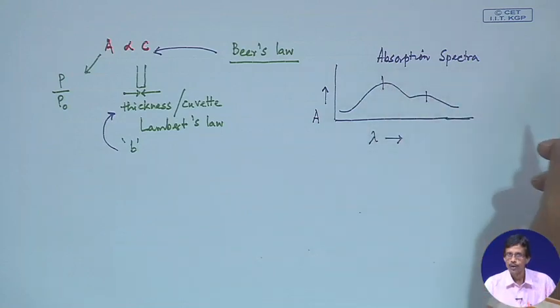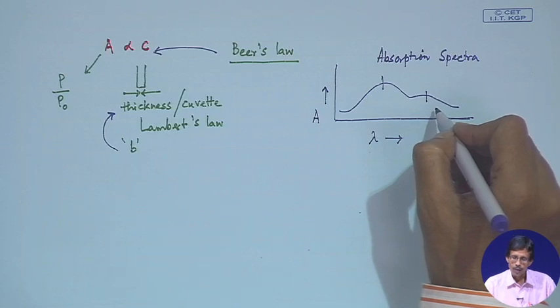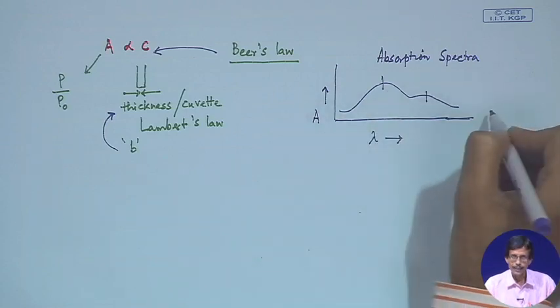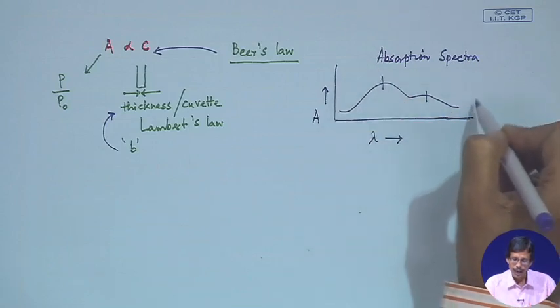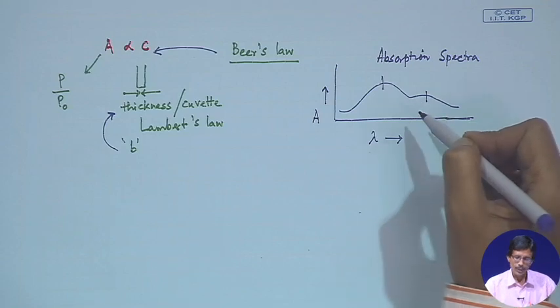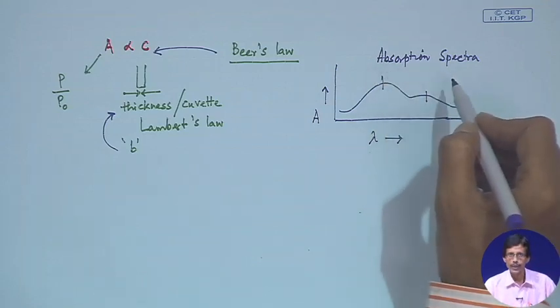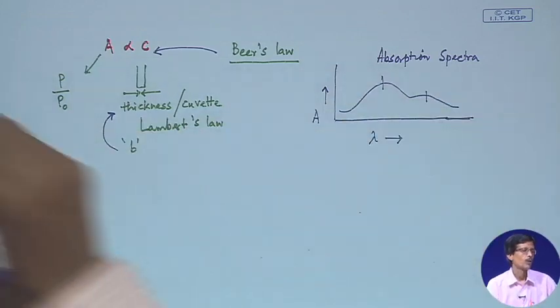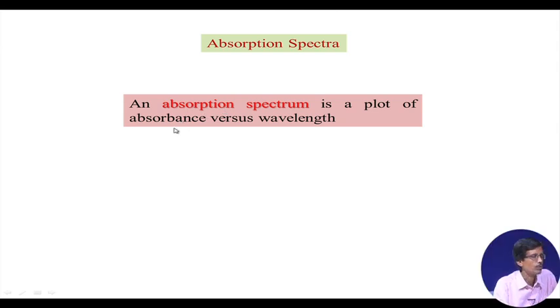These are two absorptions at two different lambda values, lambda 1 and lambda 2, one in the lower range and another in the high range. So, you can have a typical absorption spectra for any particular compound, and we can record that. It will be attached to any unknown or known compound as its absorption spectra. So, by language also we should be able to define what is called absorption spectrum.